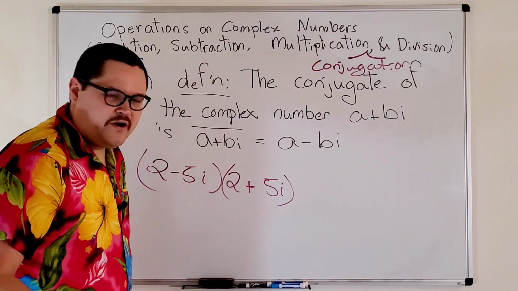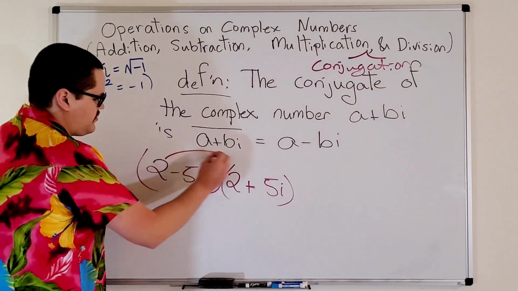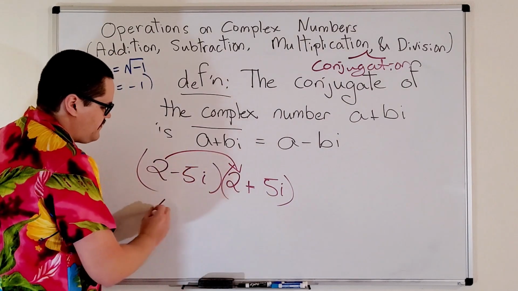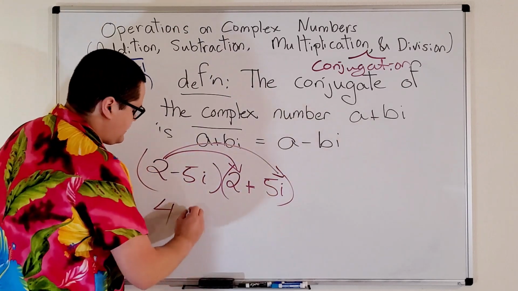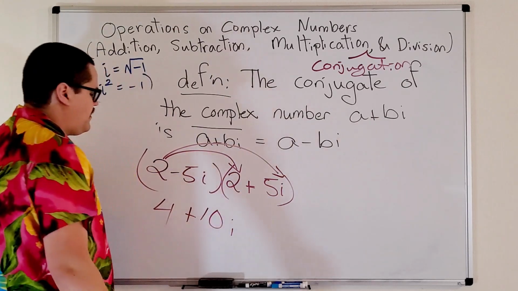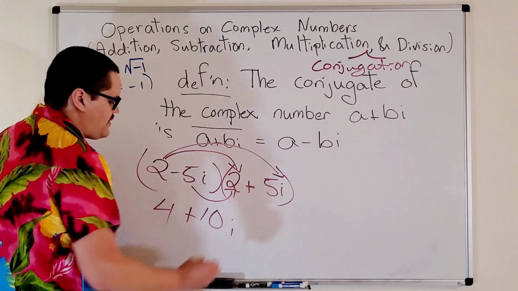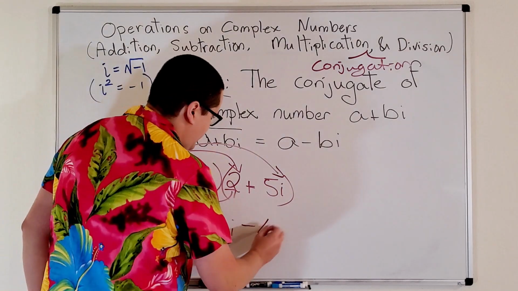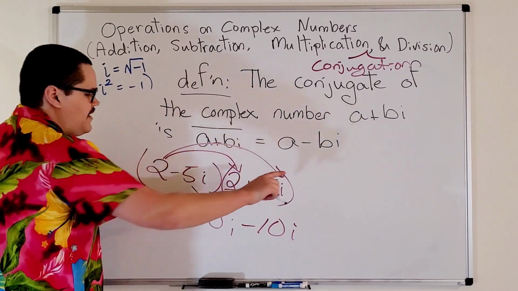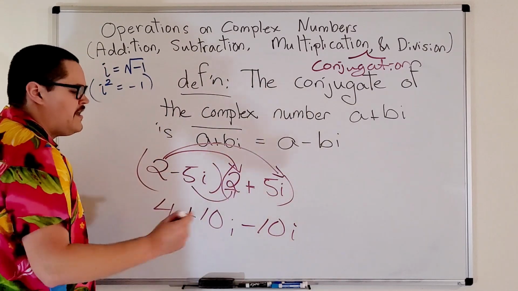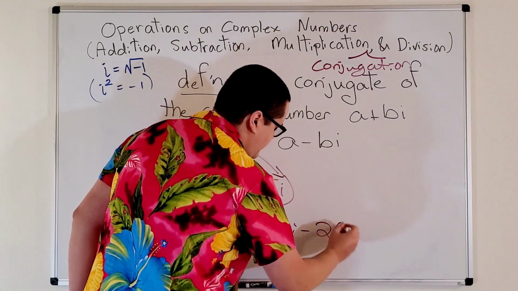Well, when we FOIL this, the first terms, 2 times 2 is 4. The outer terms are 2 times 5i is 10i. The inner terms are negative 5i times 2 is negative 10i. And the last terms are negative 5i times positive 5i is negative 25i squared.